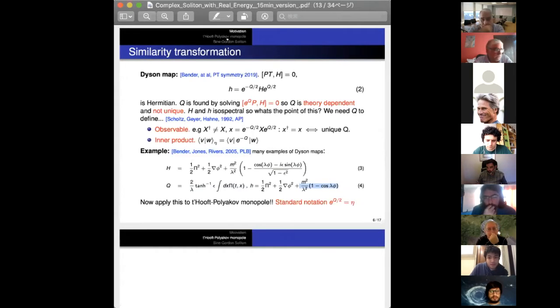In section 3, I will look at the solitonic structure of this theory. But first, I will talk a little bit about the 't Hooft-Polyakov monopole. And just to let you know that I'll be using this standard notation: I'll be using this Dyson map and denoting it as eta.